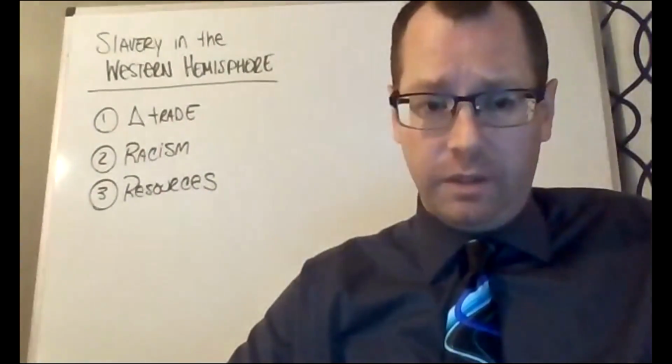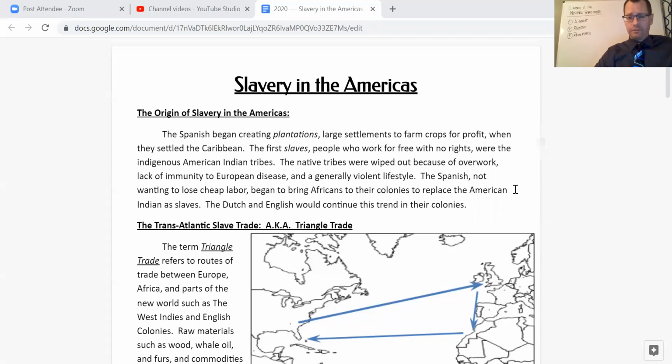So let me go ahead and share my screen with you. This is where we're going to kind of go off. We're just going to go off of a passage that you've read. Slavery in the Americas is a different ballgame than what we saw in Europe. And we see in the first paragraph that it's all about the Spanish originally, and even the Portuguese, creating plantations in their Central American areas that needed workers.